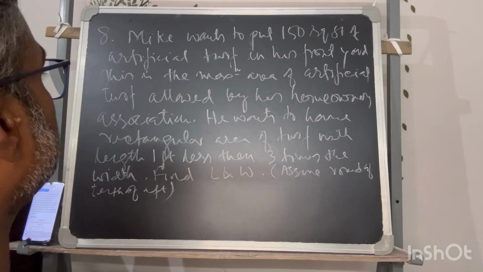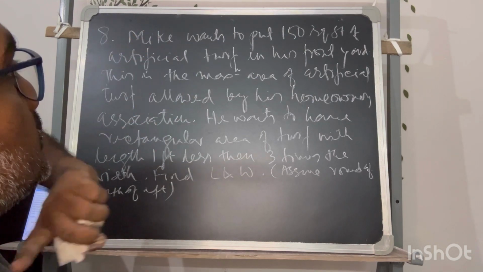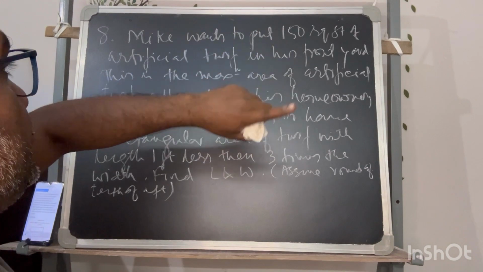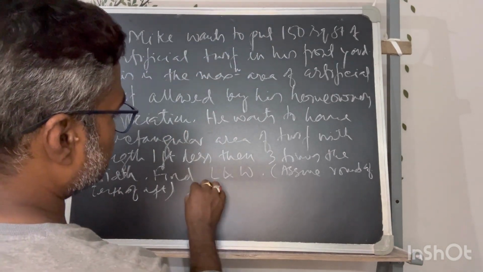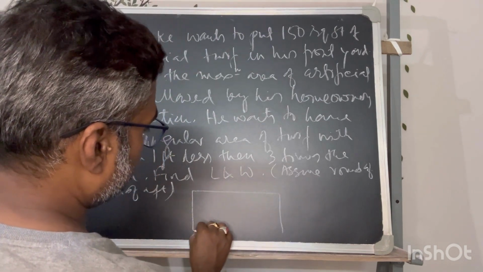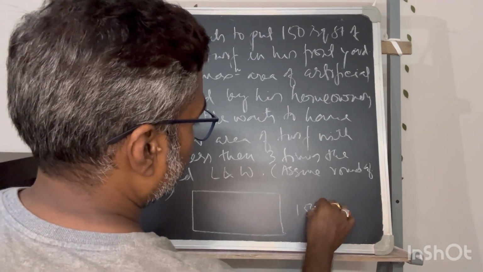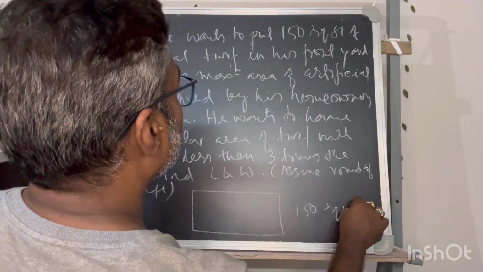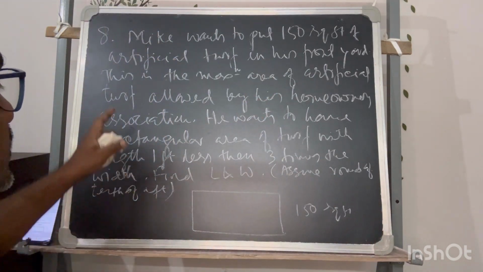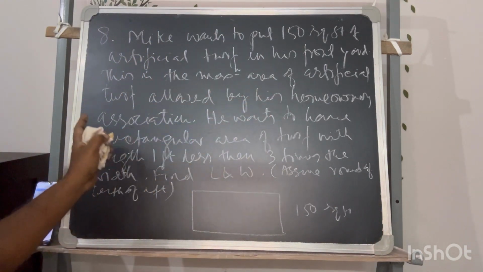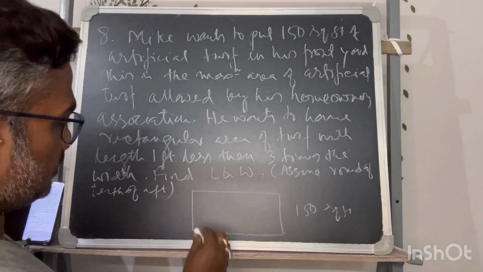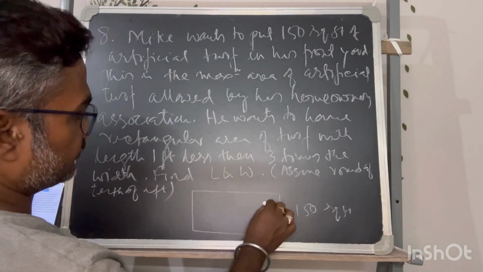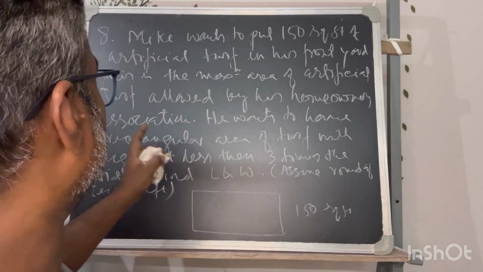First, consider the problem. Mike wants to put 150 square feet of artificial turf in the front yard. This is the area, 150 square feet. This is the maximum area of artificial turf allowed by his homeowners association.